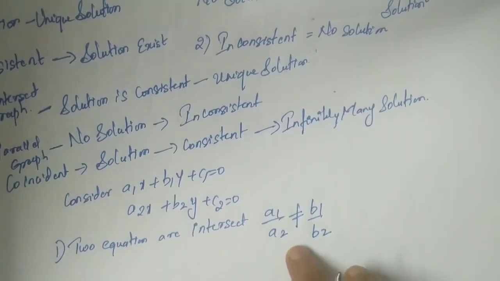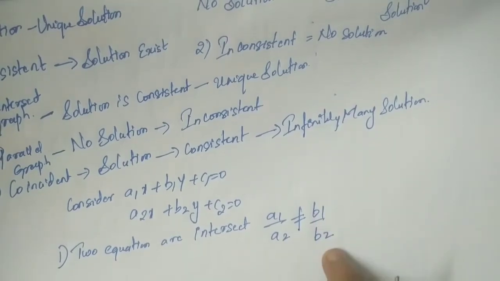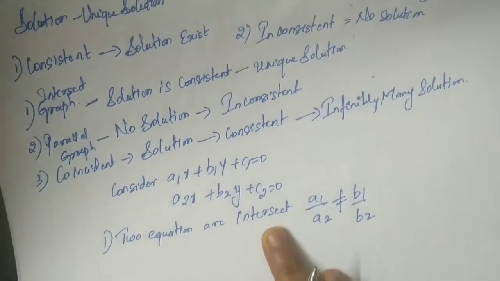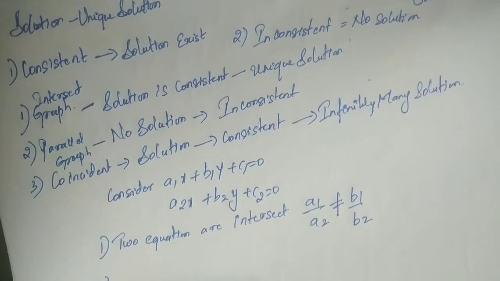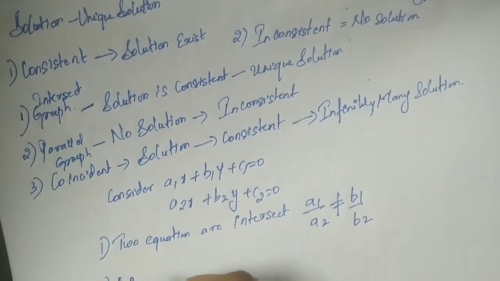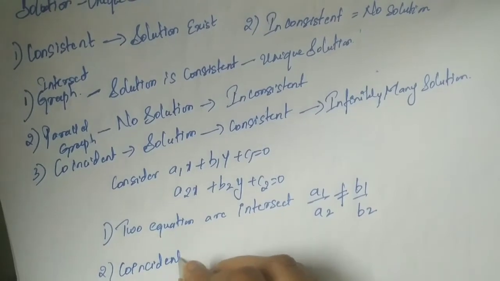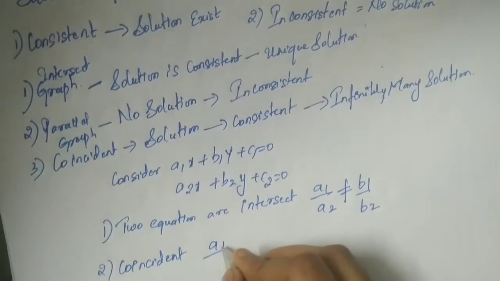That is not equal to b1 by b2. b1 is the coefficient of y in the first equation, and b2 is the coefficient of y in the second equation. If you get a condition like a1 by a2 is not equal to b1 by b2, then without actually solving the equations, you can still say the graph will be intersecting.